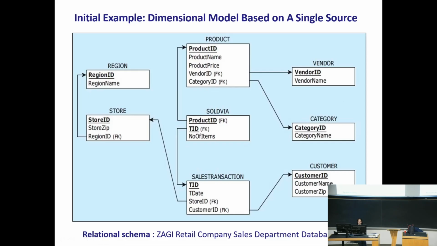We said that in the Star Schema, we often merge or join the tables that are relevant to one entity into one dimension. For example, these 3 entities are all providing information about products, so we can put them in one dimension table. Why do we do that? Why don't we just leave it in separate tables? Why don't we keep it like product, vendor, category? Why am I not adding another dimension, for example, a vendor dimension?